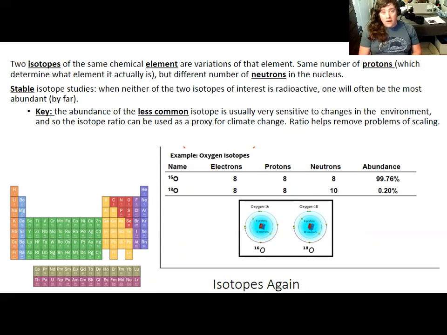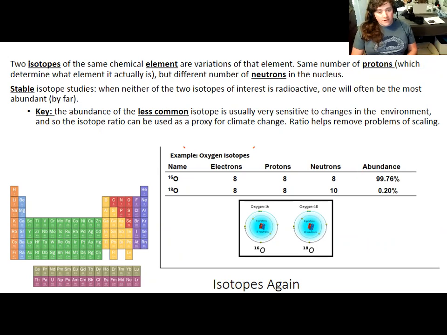And these are known as two isotopes of the same element. And one isotope is going to be dominant most of the time. More than 99% of all oxygen is oxygen-16, which is the lighter isotope, with 8 neutrons and 8 protons. But a very small minority of oxygen is oxygen-18, which has 10 neutrons instead. It is stable, it doesn't break down, but it's less abundant.